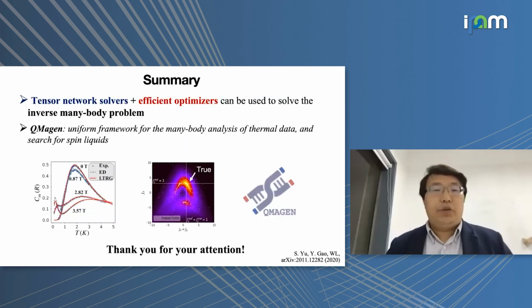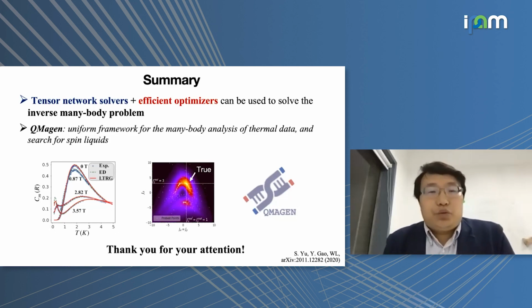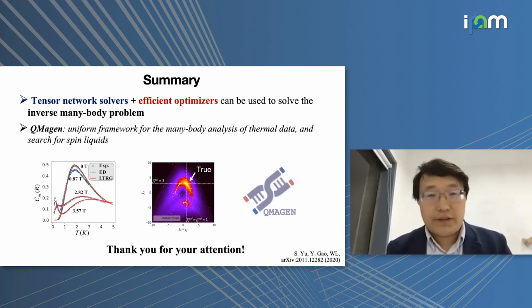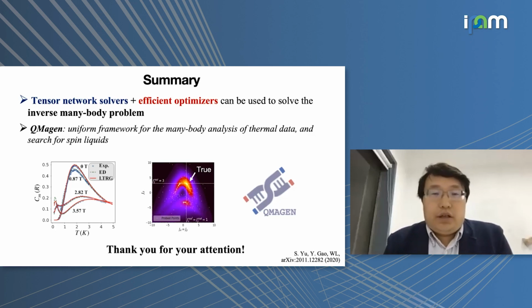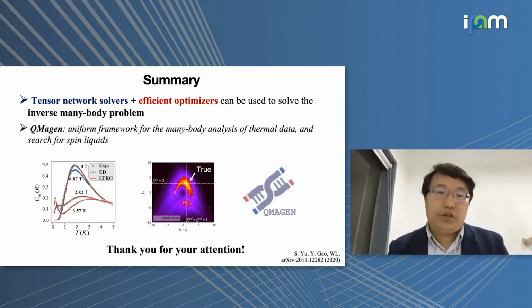Okay, here's the summary. The tensor network solver, so tensor networks plus some efficient optimizer, can be used to solve the inverse many-body problem. The take-home message is that decoding the microscopic spin Hamiltonian seems at first glance an intractable problem, right? Because the forward problem is already very challenging.